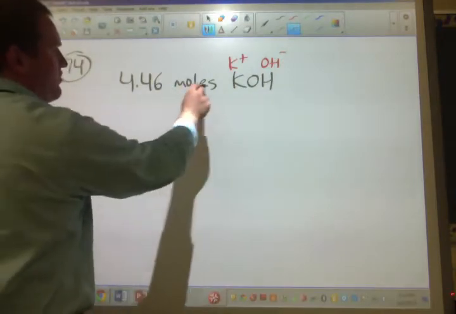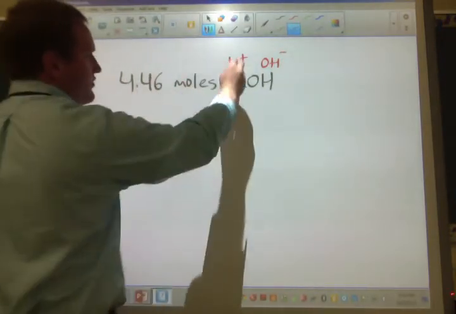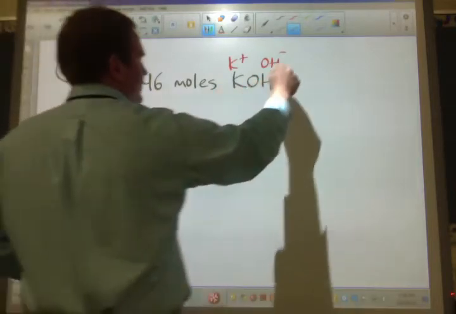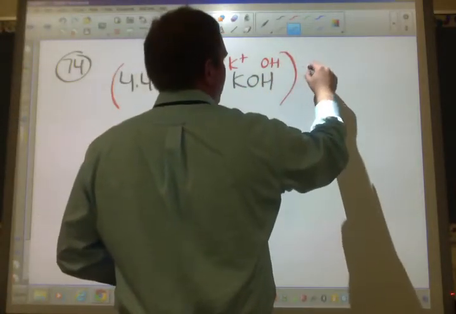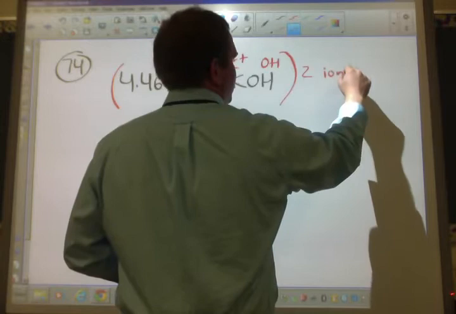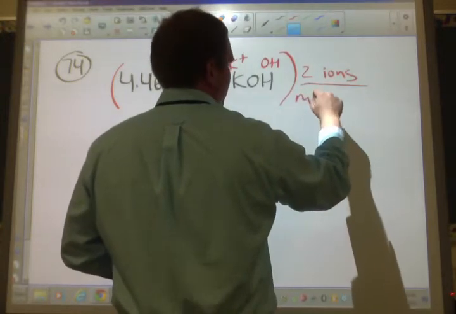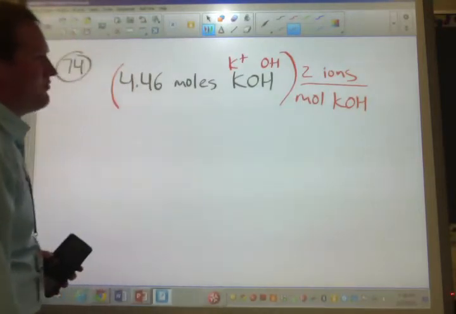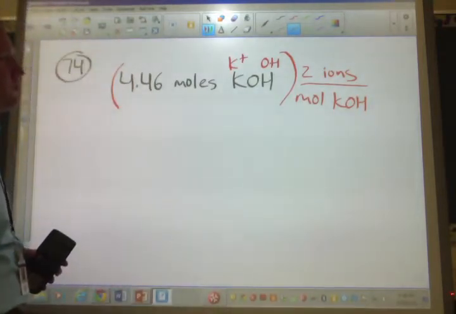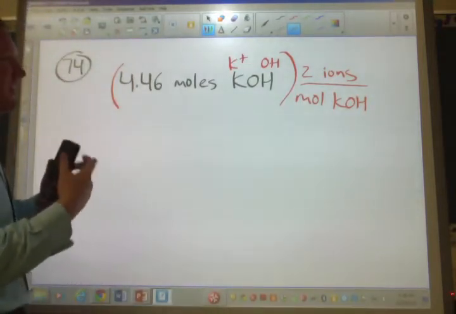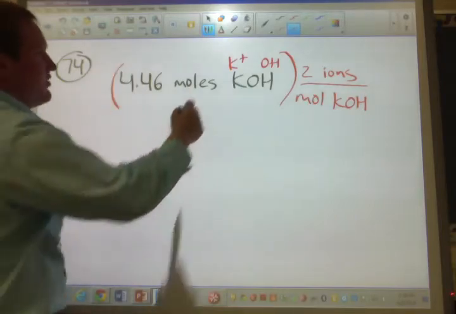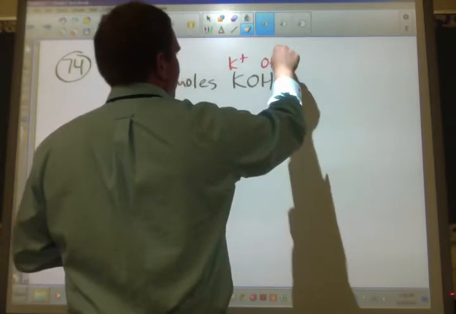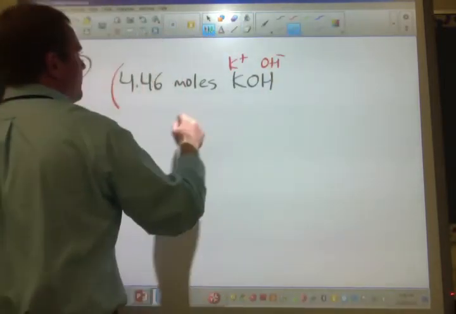So basically, for every one of these, I have 2 total ions. One of this and one of this. Actually, mole isn't even the right word there. What I need to do is turn moles into formula units first.